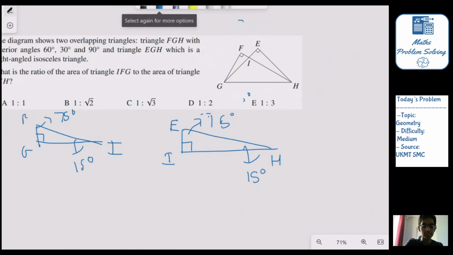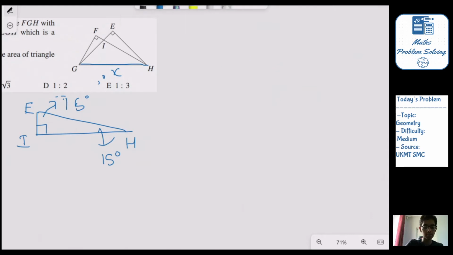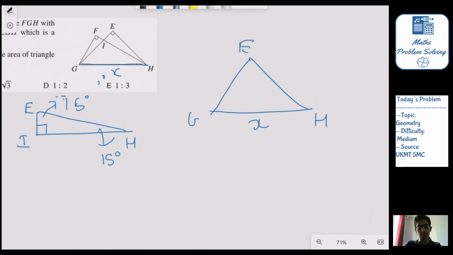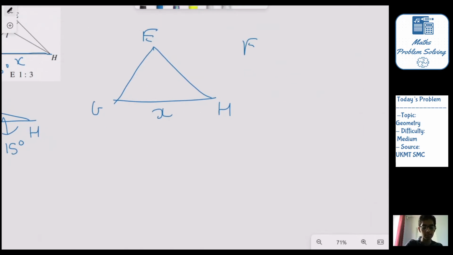Now, we know that both of these triangles share this common hypotenuse. So now, if we just label this as x, okay? In the triangle EGH, let's just work with this for now. If this is x, then EH squared plus EG squared equals x squared.